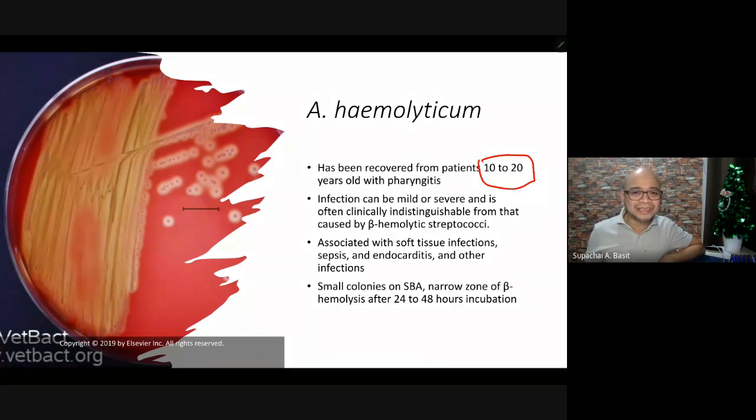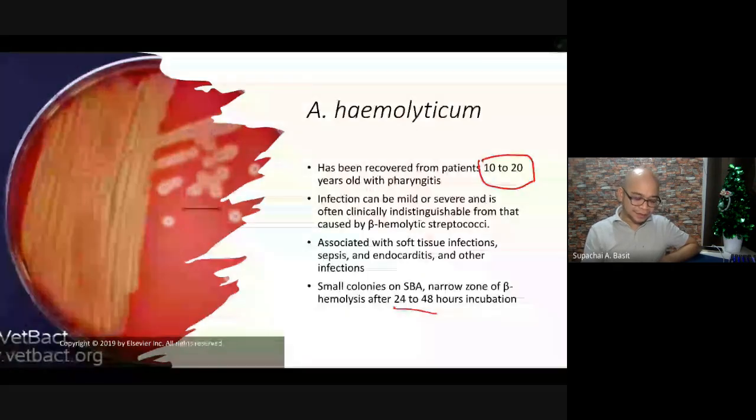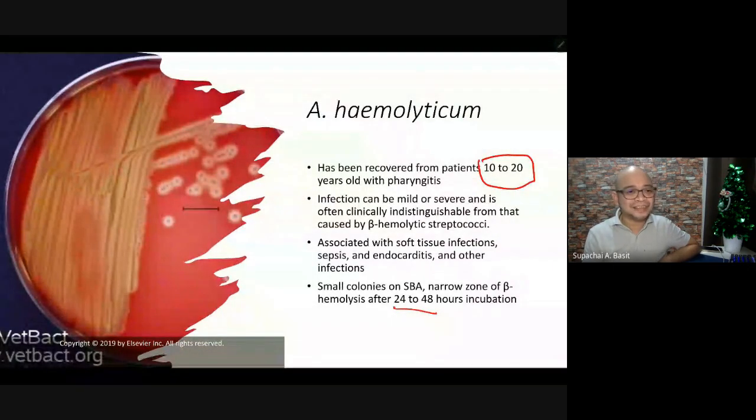It is associated with soft tissue infections, and may cause sepsis, endocarditis, and other infections. As you can see, they produce small colonies on sheep's blood agar, and they are beta hemolytic after 24 to 48 hours of incubation. So how do we know that they are beta hemolytic?